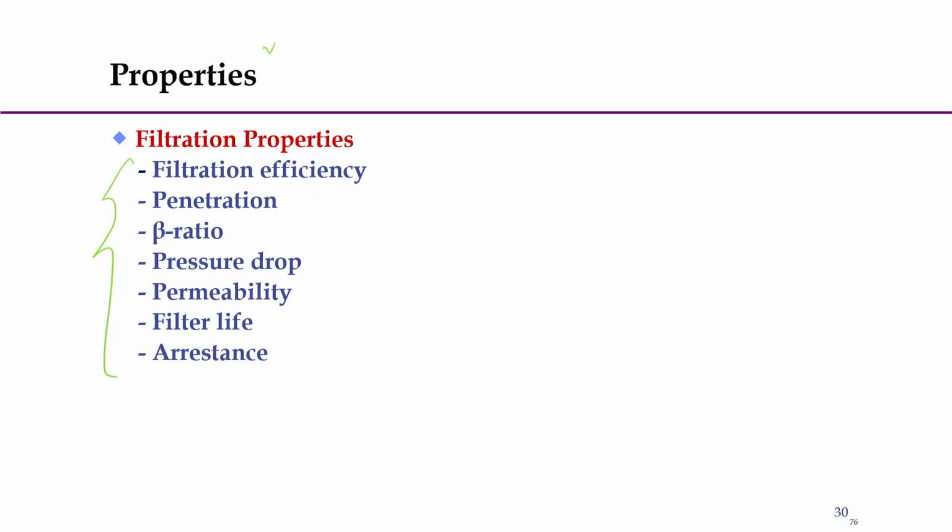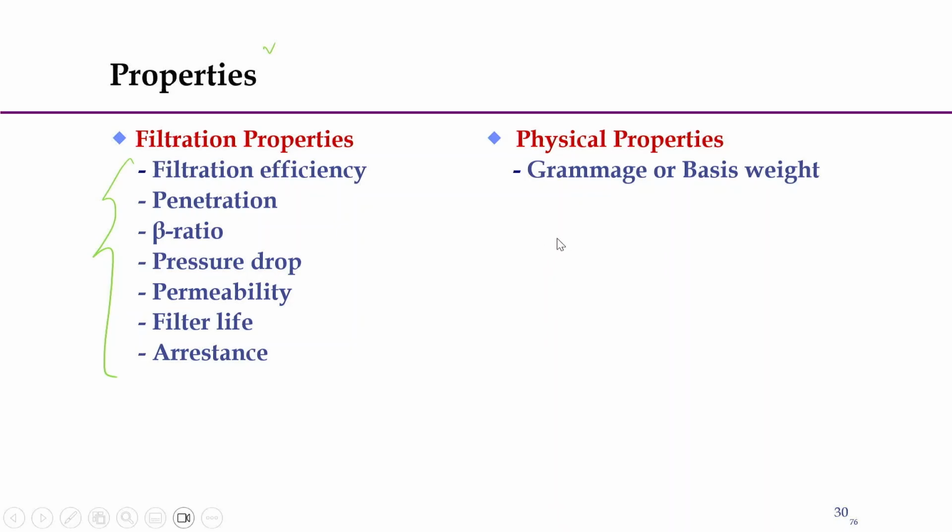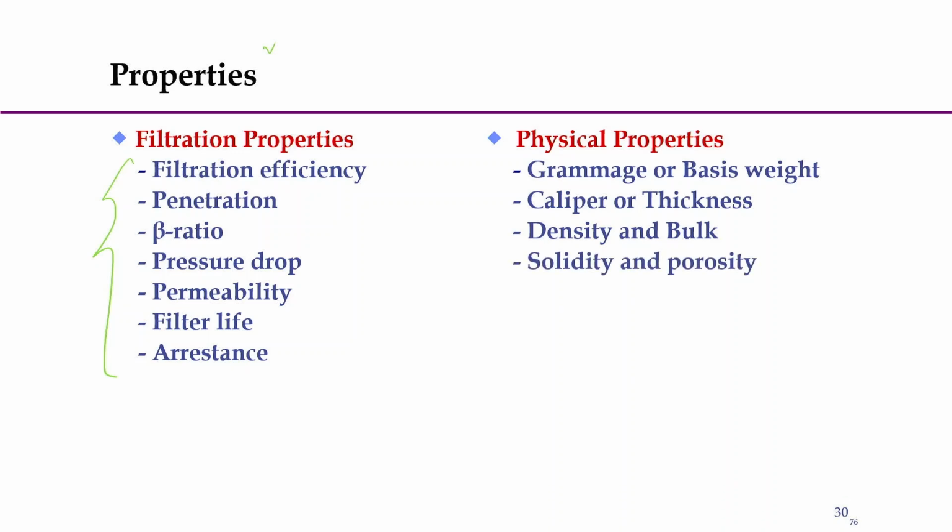And then the filter's physical properties. Physical properties of a filter, like any other textile fabric, include basis weight, that is grammage, typically the areal density. Caliper, as we call it in filtration terms, or thickness, density and bulk, solidity or porosity.